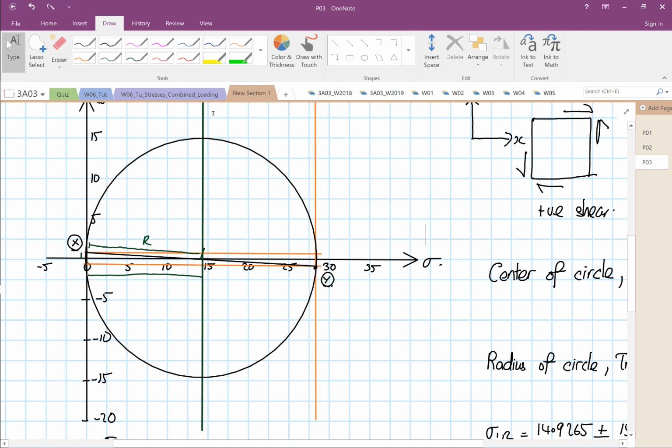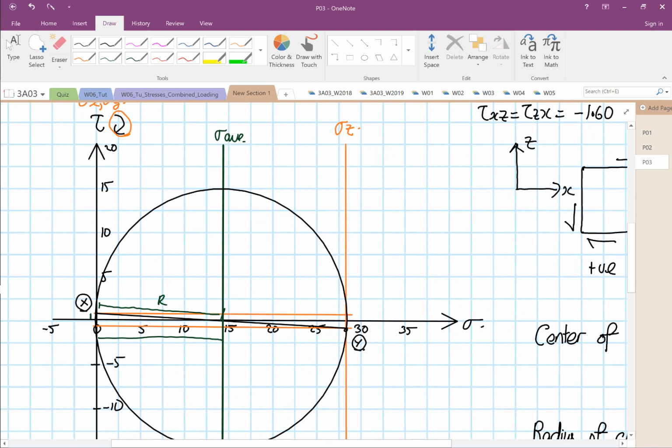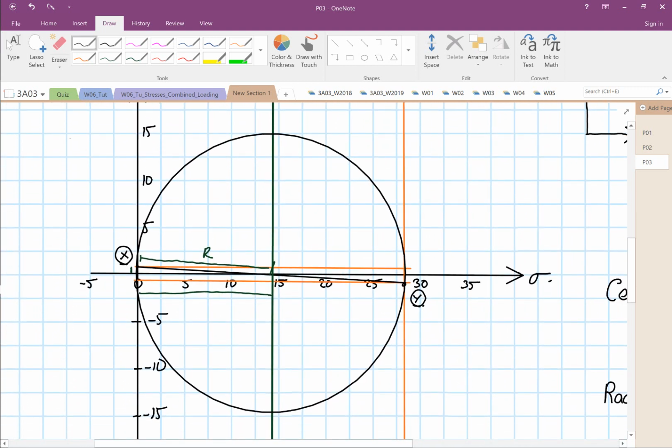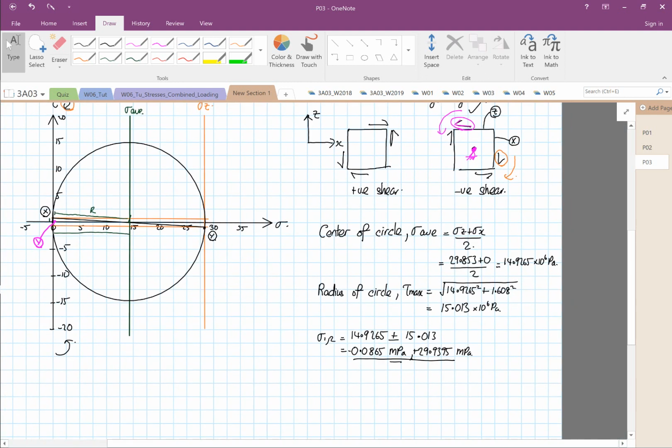So this is our Mohr's circle, and if you were to ask me where is point Y, point Y is in fact inside here. So this over here is your point Y. So now we have identified the principal stresses and the maximum shear stress on element A.